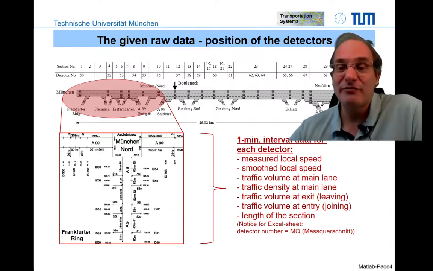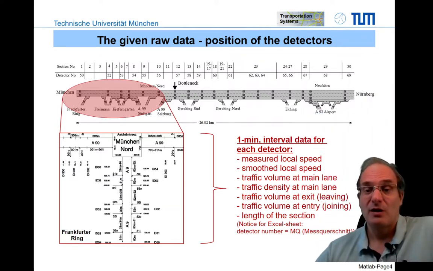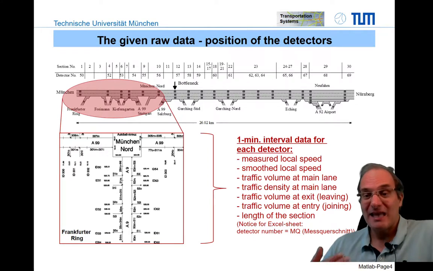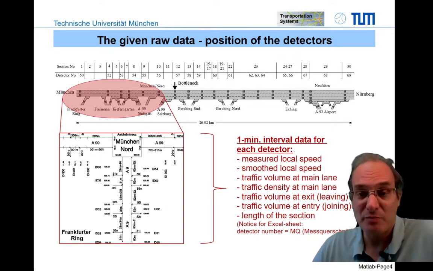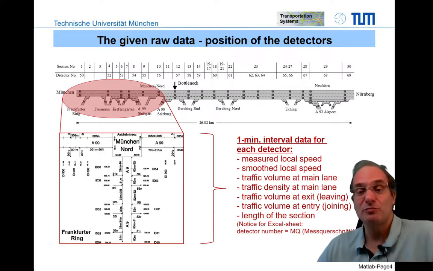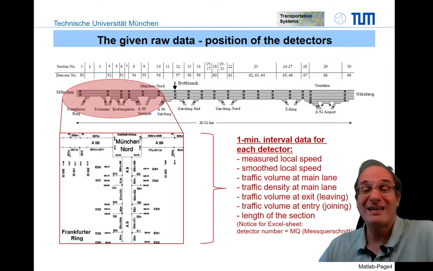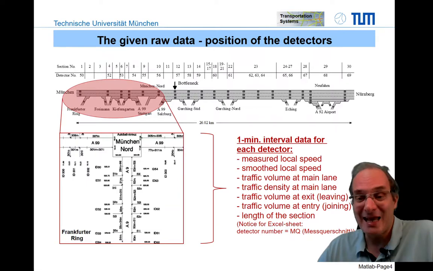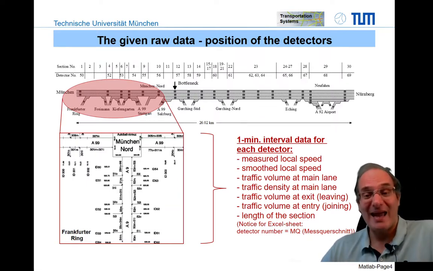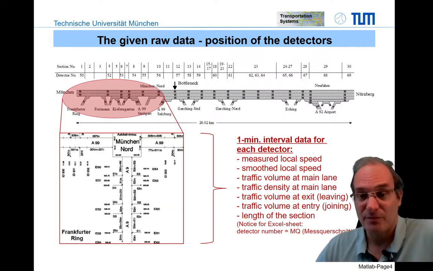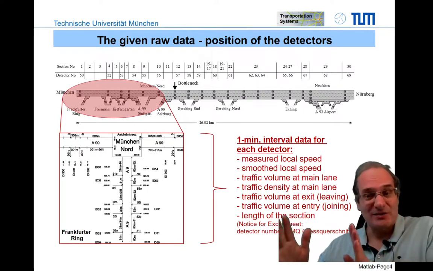We have different information per sensor. First of all, each sensor offers values per minute. First, the measured local speed, then the smoothed local speed, which is also already an adaptation done by the sensor, then the traffic volume at main lane, the traffic density at main lane, the traffic volume at exit and entry points, and the length of the sensor sections, sorry.